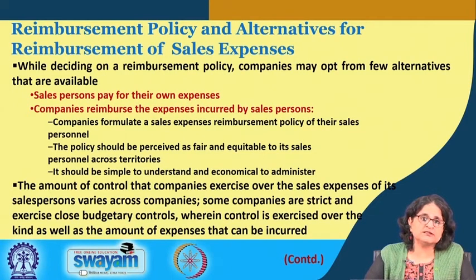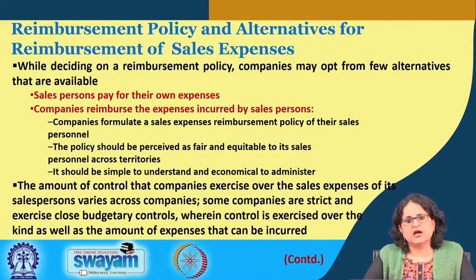So in some companies there are strict budgetary controls, whereas in others there is a lot of flexibility. So whatever be the policy, whether it is to reimburse in part or in full, it's very important that territorial differences are taken into account before deciding on matters of allowable selling expenses per territory, per salesperson, across territories, across control units or states or countries, etc.